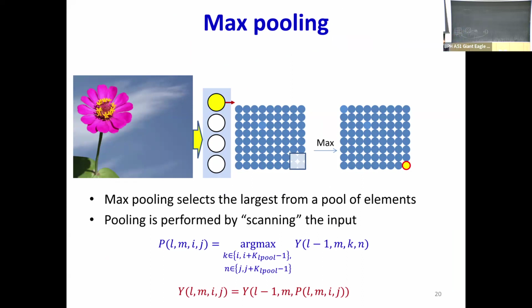I've got to figure out how to compute the derivative for max pooling. And now imagine that I have some pooling window of this size, and I found which is the largest value, and let's say this guy is the largest value.